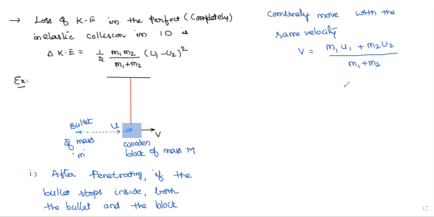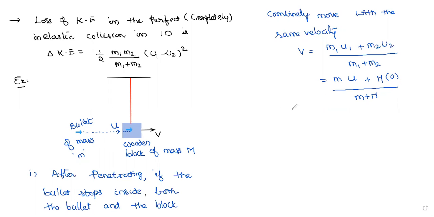First one, m1 is the bullet, small m. m2 is the block, capital M, divided by m plus M, into u1. The bullet before striking travels with a velocity u. So m into u plus, before striking, the block is not moving either side, it is at rest, which means its velocity is 0.